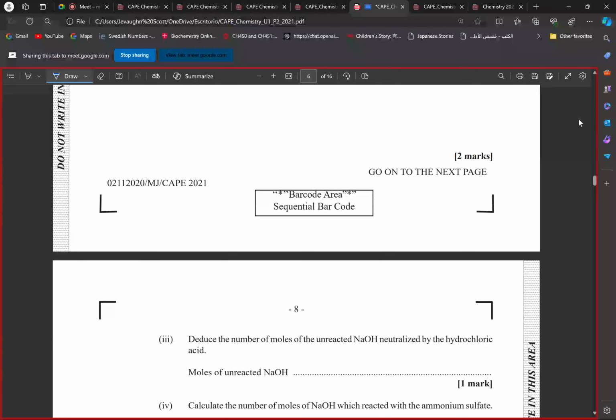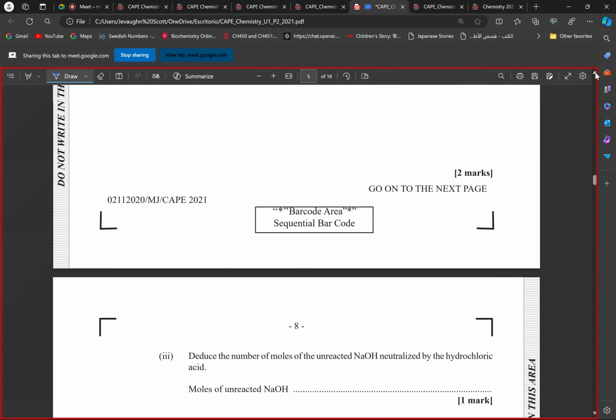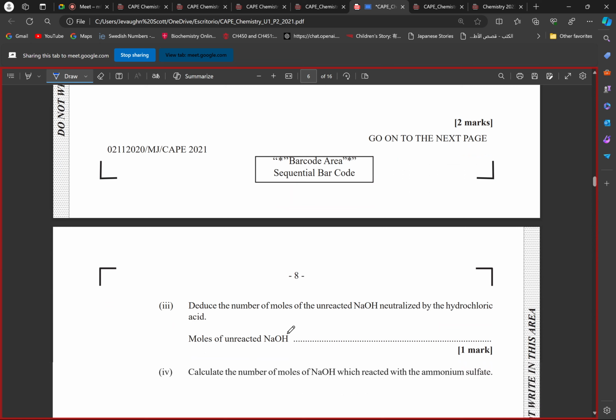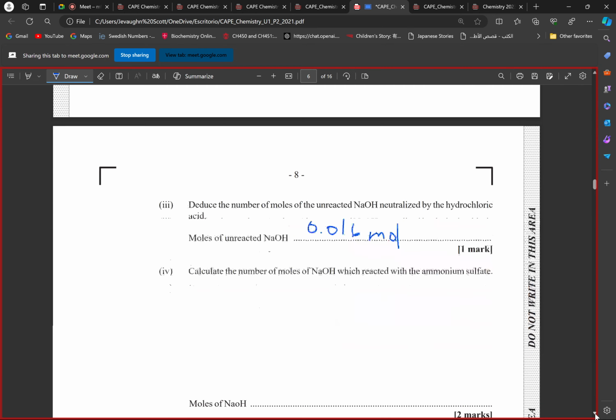So the number of moles of hydrochloric acid is equal to the number of moles of sodium hydroxide, which is 0.016 moles. I don't want us to just do things for the sake of it, we need to understand why we do them so we can apply them in any situation.